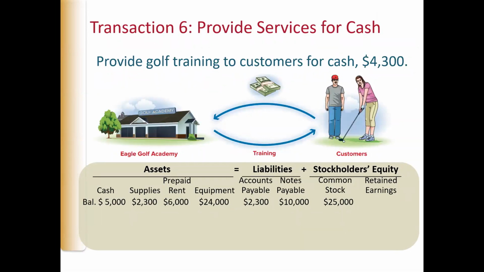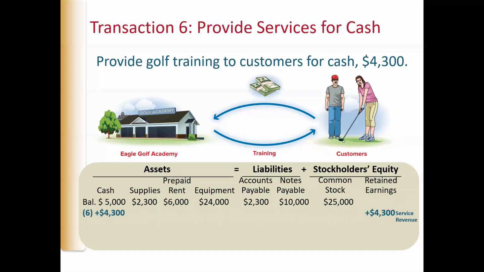What happens when we provide golf training to customers for cash of $4,300? What's an account that increases? Cash increases. What else is increasing? Our revenue's increasing, isn't it? Yep, because we are providing a service.